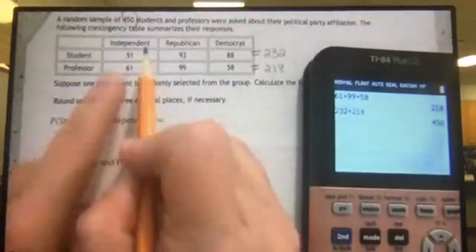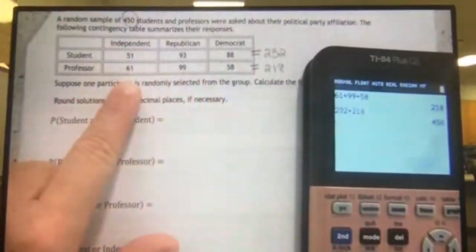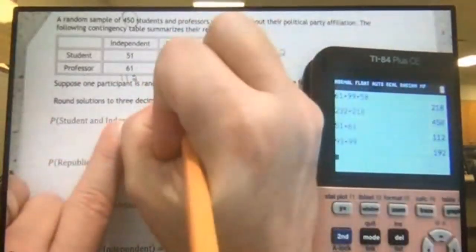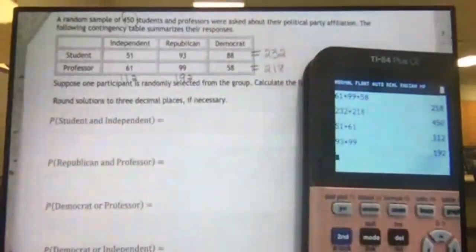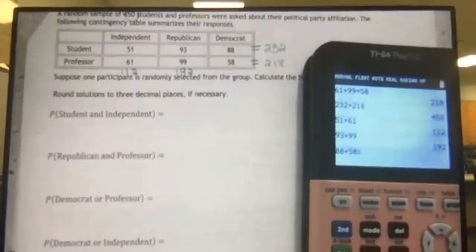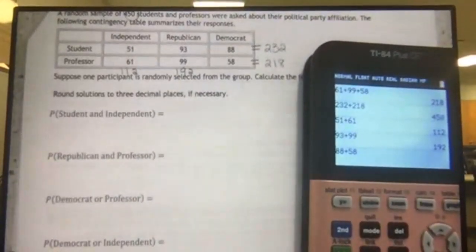All right, so then how many in each party? Independents, we have 51 plus 61, which is 112. Republicans, we have 93 plus 99, which is 192. And then Democrats, we have 88 plus 58, which would give us 146.